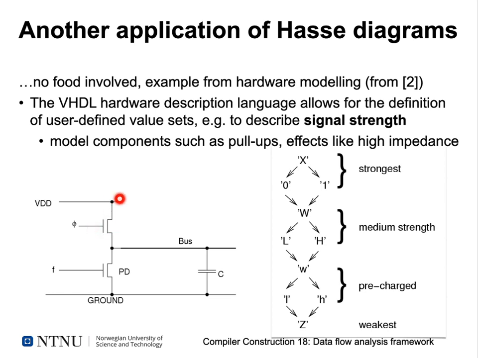Your upper transistor connects to your supply voltage, whereas your lower transistor connects to ground. And it's interesting, of course, to see what happens if both transistors are switched on at the same time. In order to model this, you can apply Hasse diagrams like this. So they're useful outside of compiler analysis too.